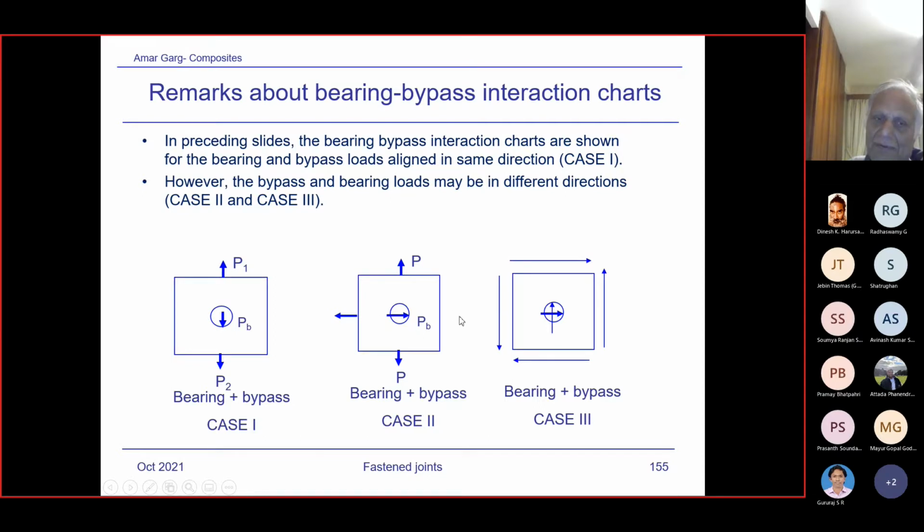So the bearing load will not be always in the same direction as your other load, bypass loads. So this is case 2, this is case 3. That means you have to generate the interaction diagrams considering these cases. Now, I have not considered the interaction diagrams for these cases over here.